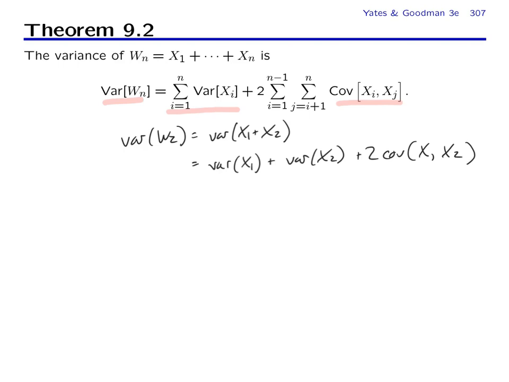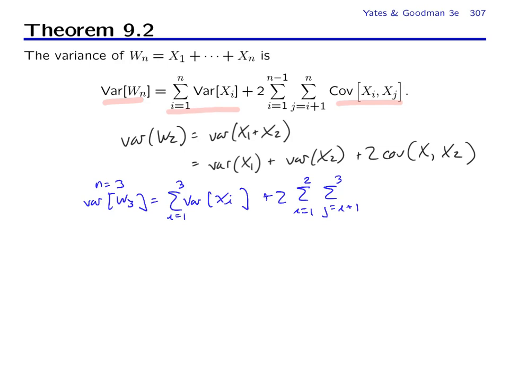For instance, in the case of n equal to 3, we have that the variance of W3 is equal to the sum of i equals 1 to 3, variance of Xi, plus 2 times the sum i equals 1 to 2, and then the sum of j equals i plus 1 to 3, covariance Xi, Xj.